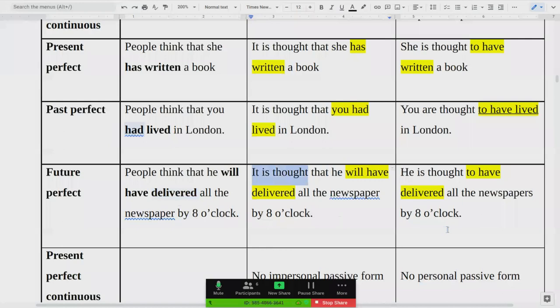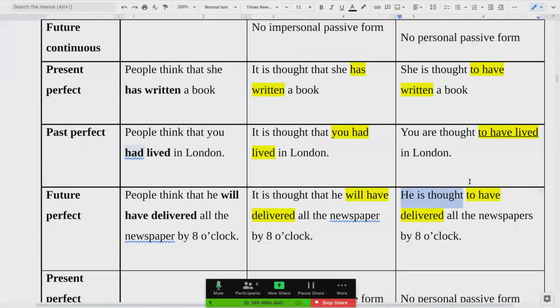За personal дээр хоёрдугаар өгүүлбэрийн хүргэж байгаа хүнийг бид гаргаж ирнэ. He гаргаад passive хэлбэрээр үйл үгтэй хамт хэрэглэнэ. He is thought will have delivered гэж ирээдүйд төгс цаг байсныг to have delivered болгоно. Will-ийг хасч байна. To have delivered all the newspapers by 8 o'clock.